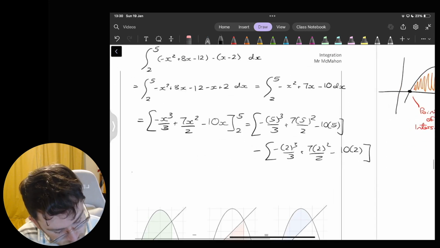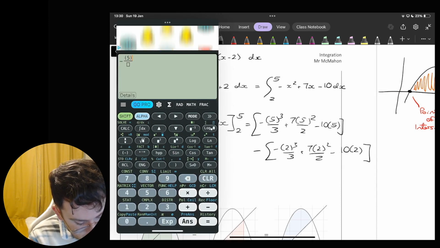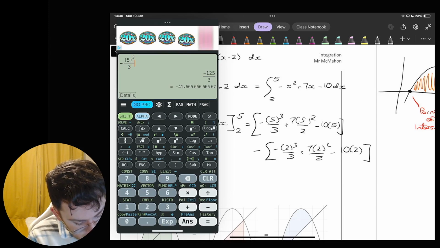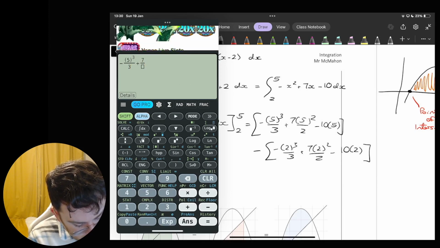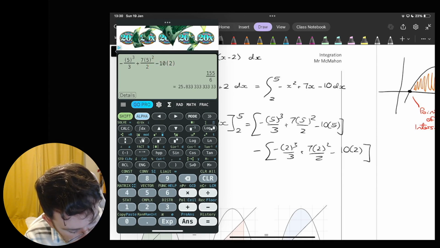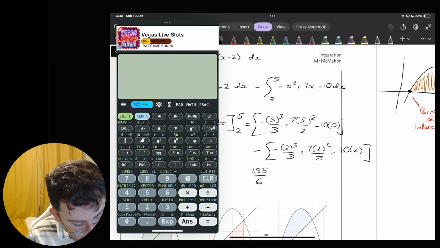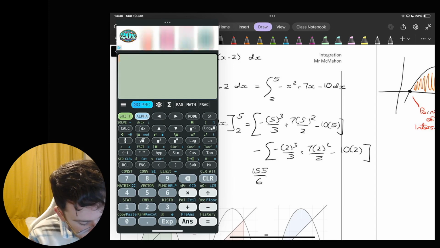Okay, and let's evaluate those here for ourselves. So minus 5 cubed over 3 plus 7 times 5 squared over 2 minus 10 times 2 is 155 over 6. And then, oh no, cleared it.